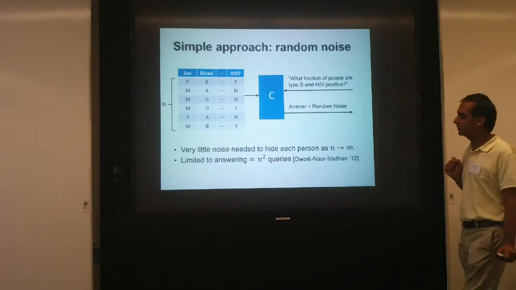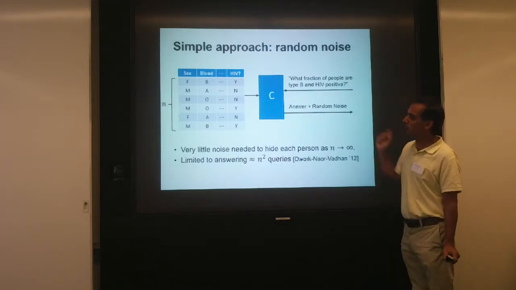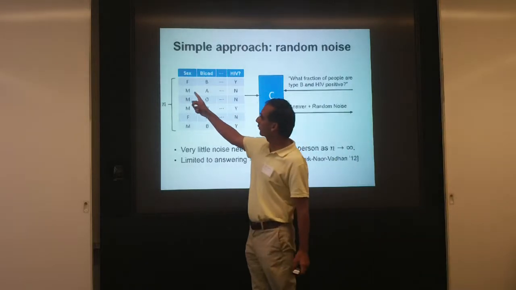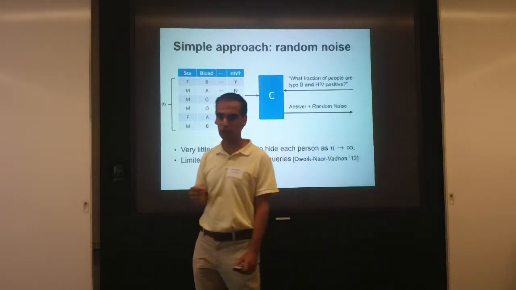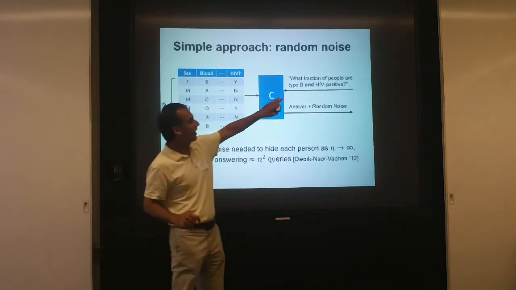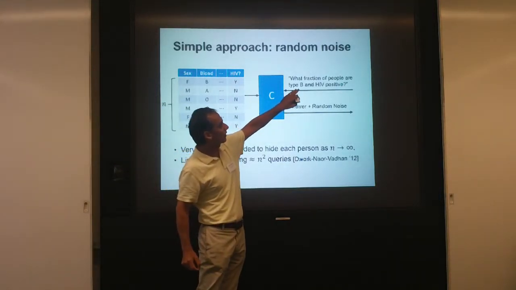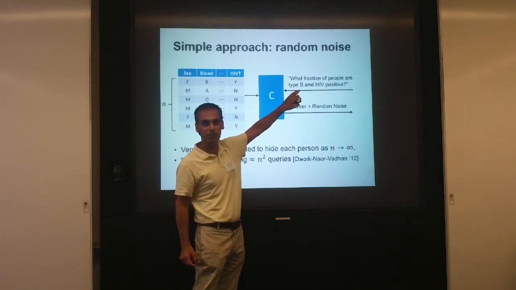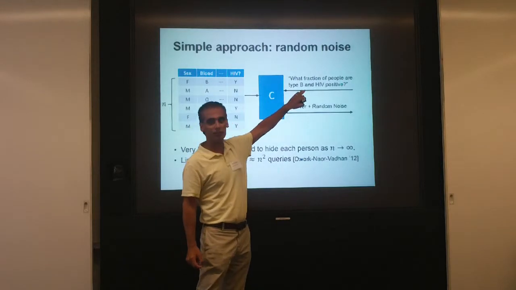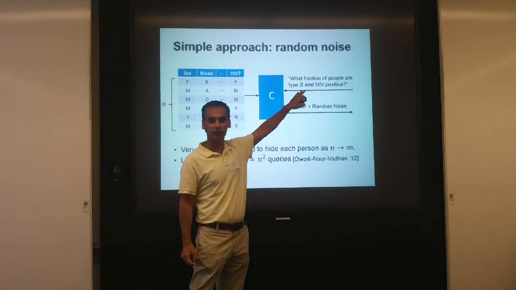So why do we need only a small amount of random noise? Well, let's think of the effect of any one individual's data on a count like this. How much can changing one person's data change this answer?